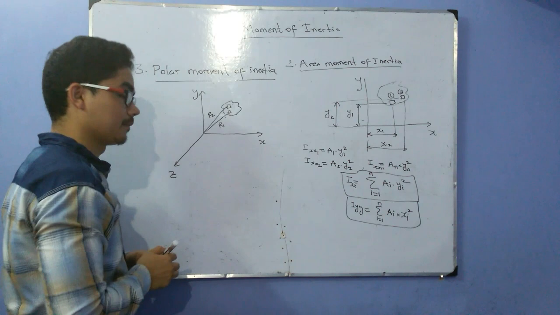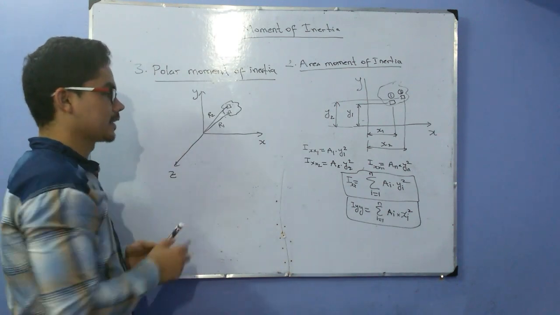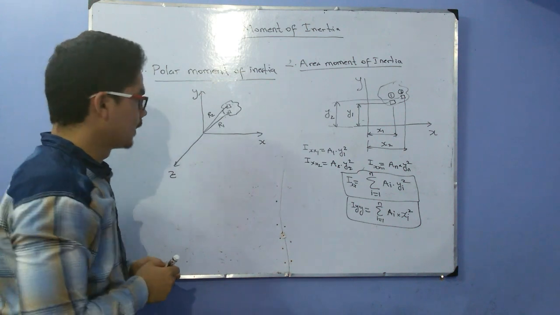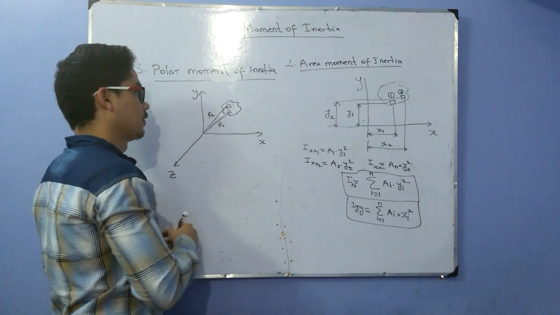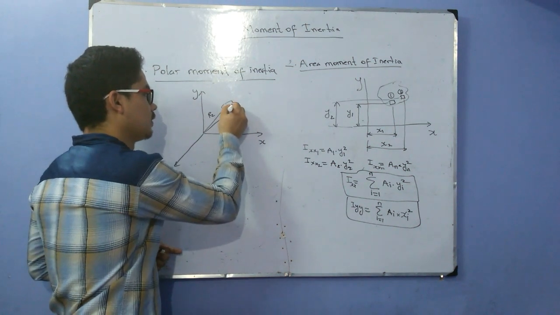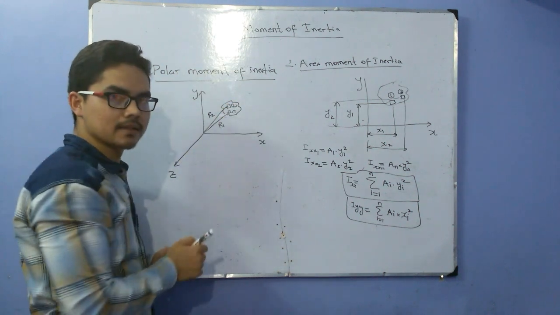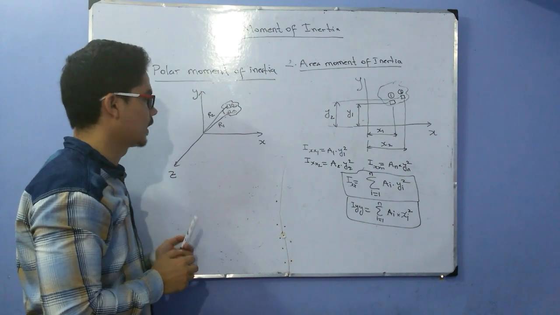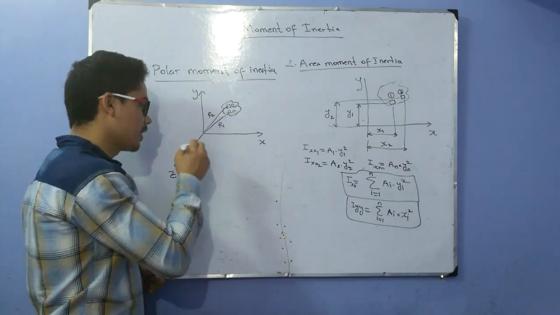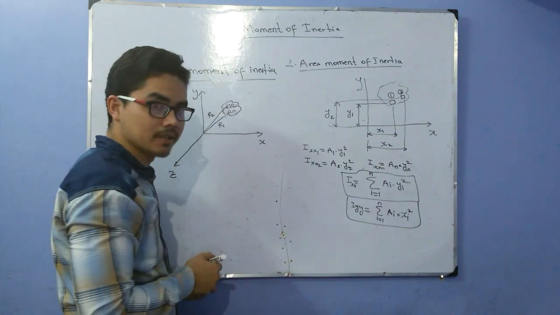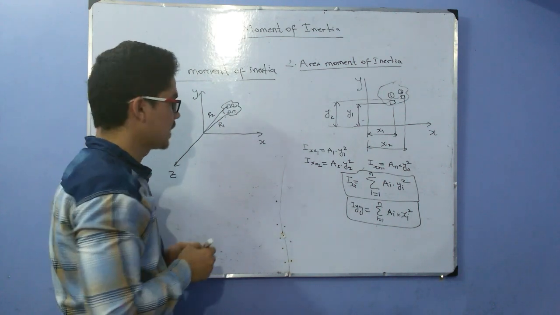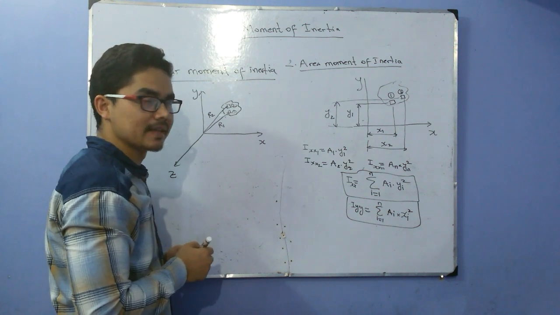Now, moment of inertia with respect to z-axis, how can I find? From this figure it's clear that the perpendicular distance of part 1 from the z-axis is r1, and the perpendicular distance of part 2 from the z-axis is r2. Now, if I find the moment of inertia, that is called polar moment of inertia, and that is denoted mostly by J or Izz.